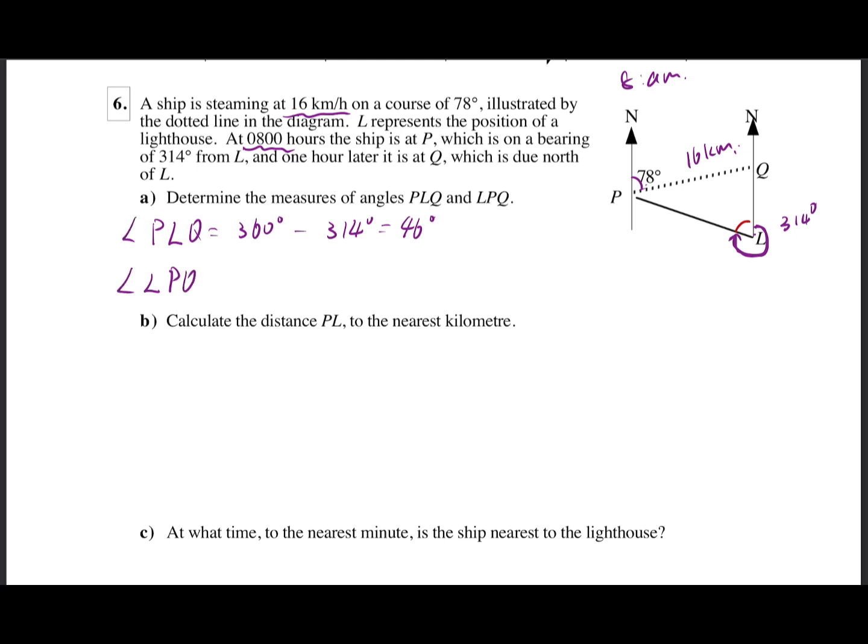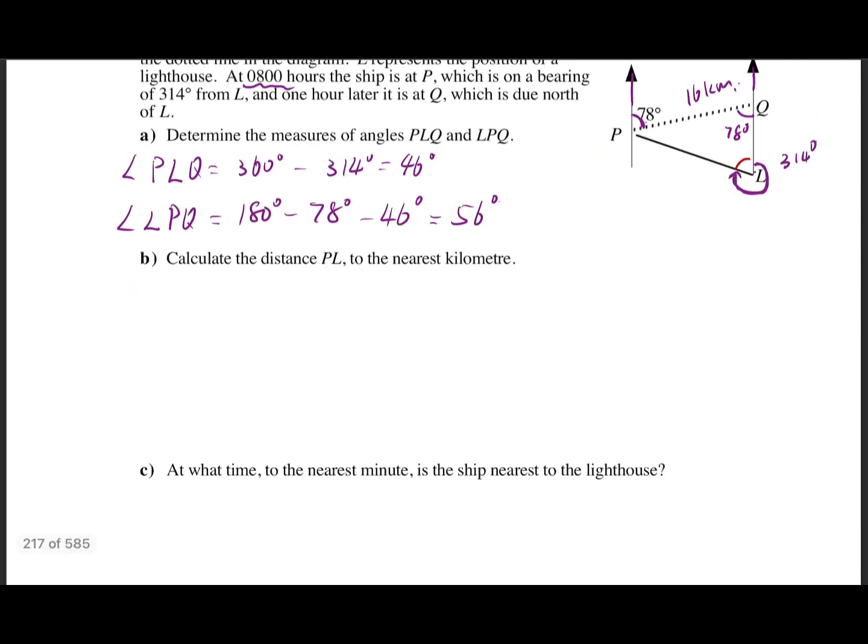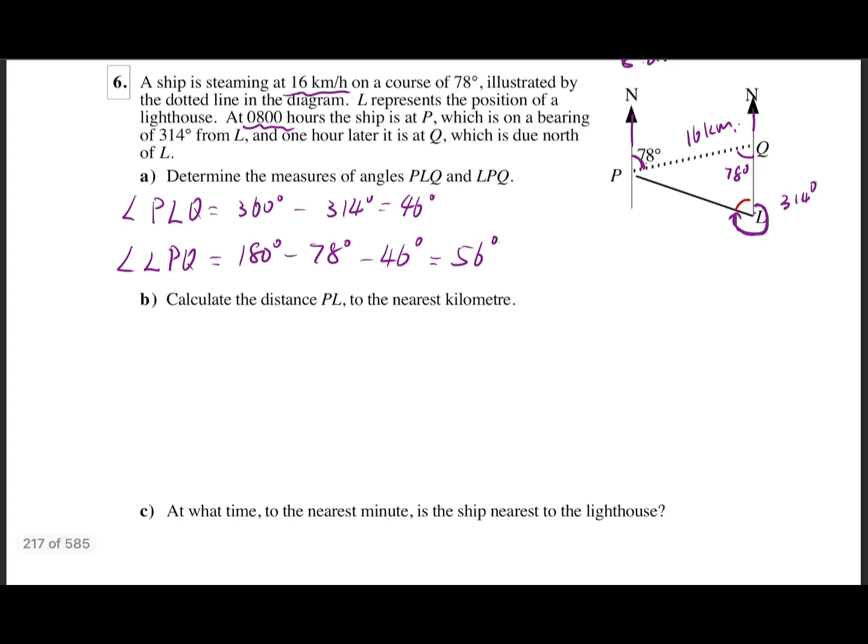For this one, in class I said these two lines are parallel, and this 78 and this angle are alternate angles. So this is 78. So now it's 180 minus 78 degrees minus 46 degrees, so finally we get 56 degrees.